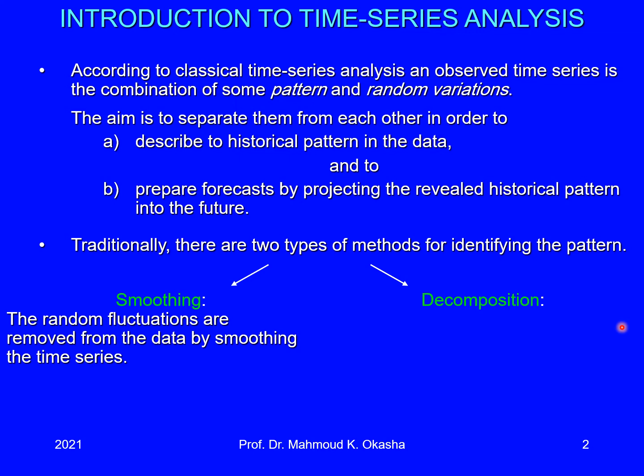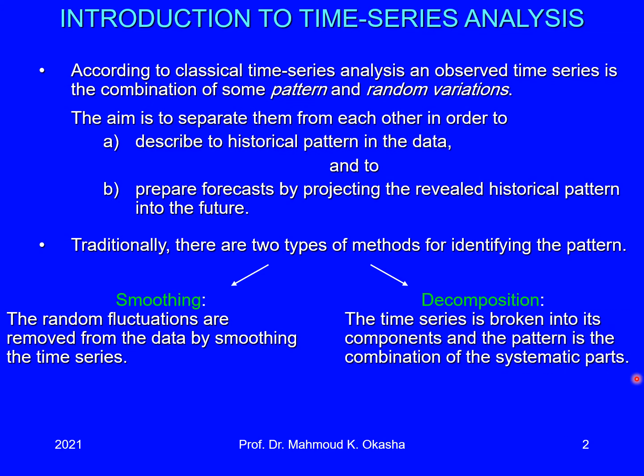So the random fluctuations are removed from the data by smoothing the time series. So we have some fluctuation, we remove the random fluctuation and keep a smooth curve. And we extend this smooth curve in order to forecast the future observation.